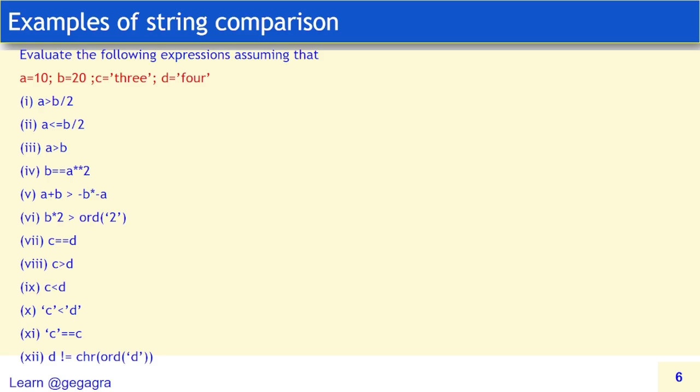When you divide 20 by 2, that gives 10. So a is not greater than 10, and that is why it gives false as output.